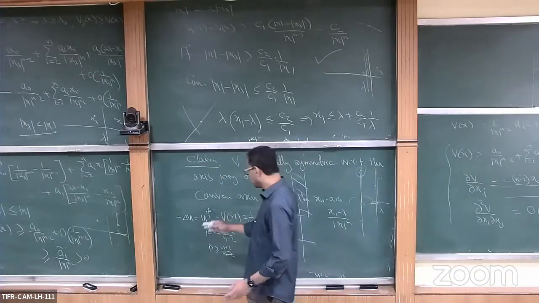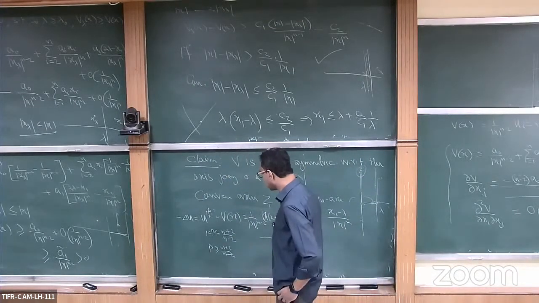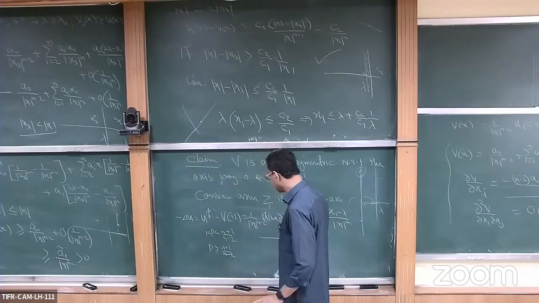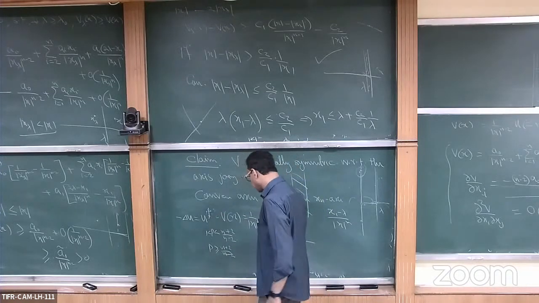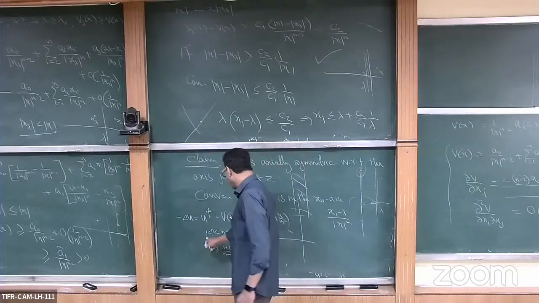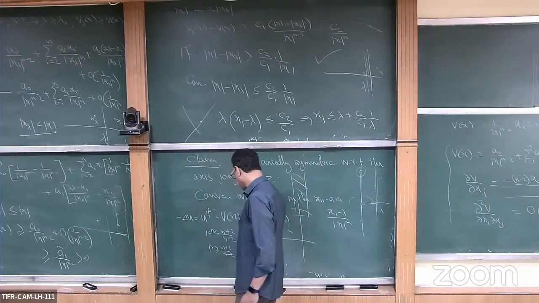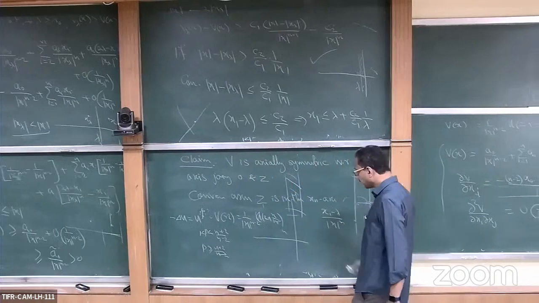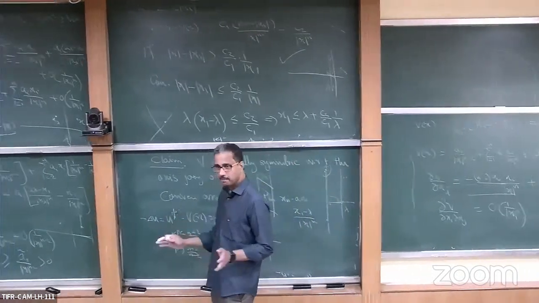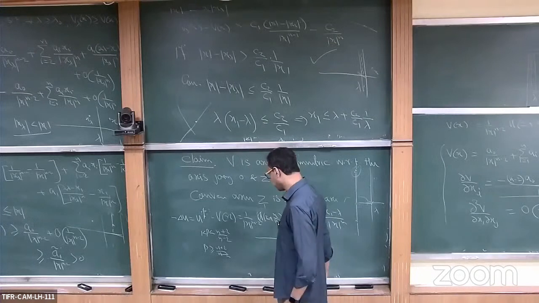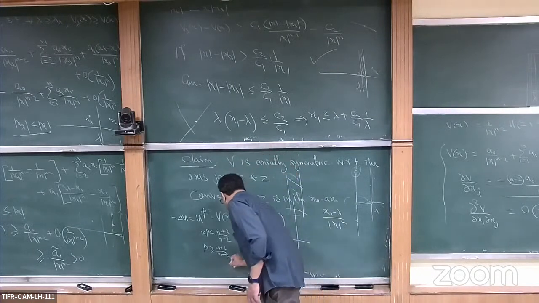They give a somewhat similar, but much simpler proof in this context, and they prove that for 1 less than p less than (n+2)/(n-2), there is no positive solution. Again, the idea is the Kelvin transform and the moving plane. Okay, I think I will stop.